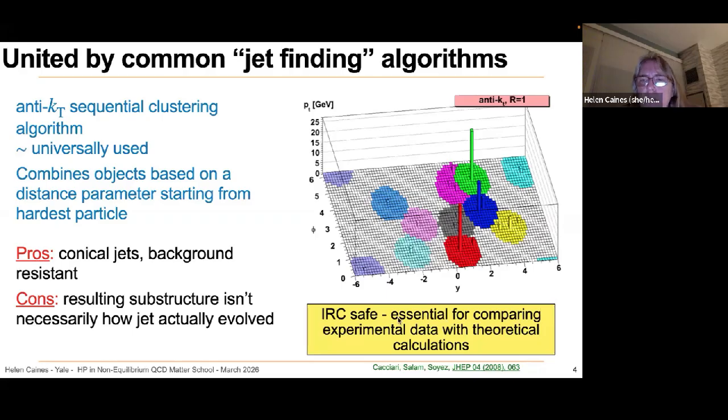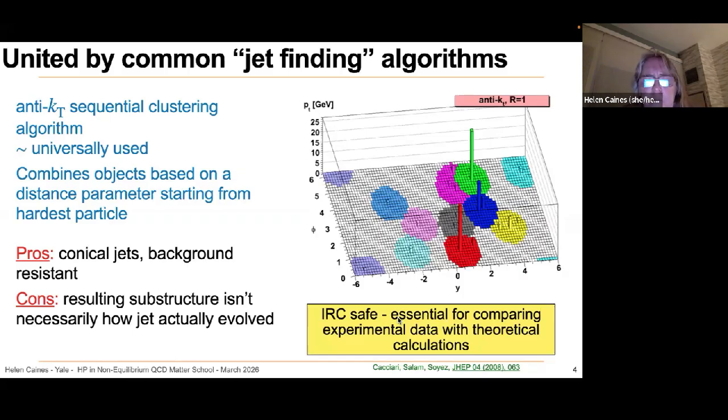But a couple of the very important things that allow us to compare theory to experiment almost directly through these jet finding algorithms is that it's what we call infrared and collinear safe, meaning the soft backgrounds, very soft particles, don't matter. They don't affect how the jet finding happens. And if you take one particle and split it into two that have half the momentum, so the total energy stays the same, it will still form the same jet particle.